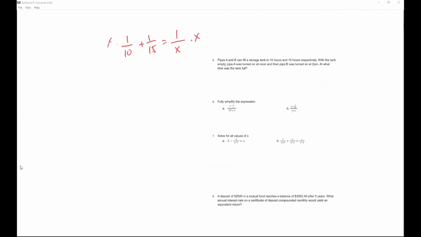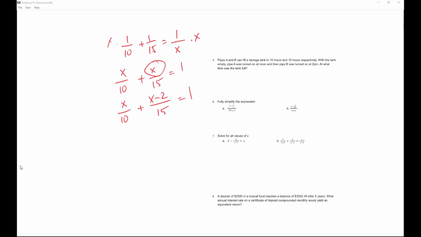So it'll be x over 10 plus x over 15 equals 1. Remember, these are combined rates. But remember that you're starting at 2 o'clock with the second one. So what we're going to do is put a minus 2 on this one. And that way we know when we combine rates what x is equal to.